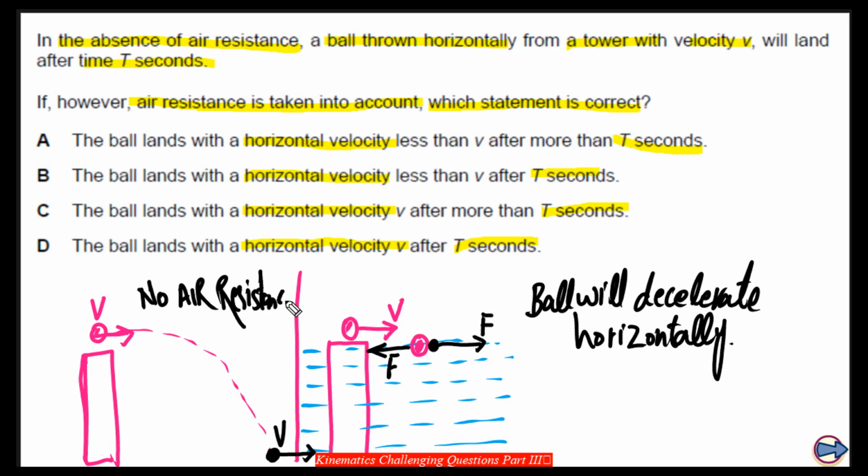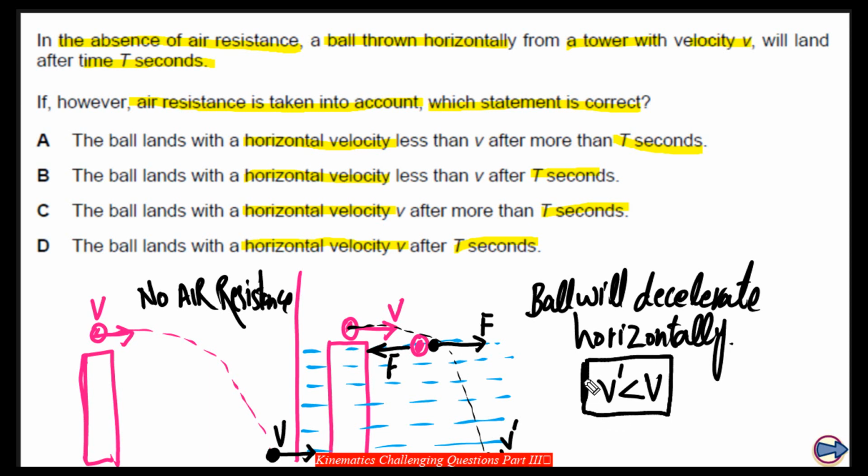As we are considering air resistance, it will go somewhat like this, and at this point the horizontal component of velocity will be smaller than v. Let's say this is v prime, so v prime will be less than v. This is one thing we can simply understand.